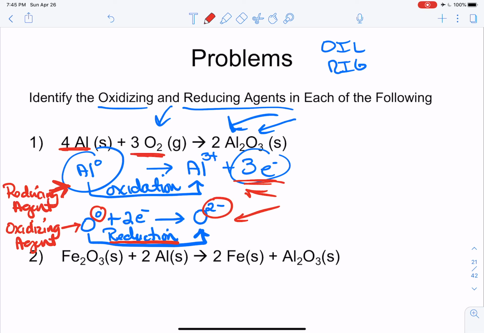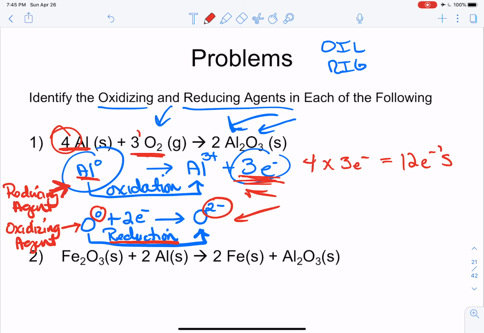So if each single aluminum gives away 3 electrons and you have 4 aluminums, you would have 4 times 3 electrons, which equals 12 electrons being given up by those 4 aluminums.